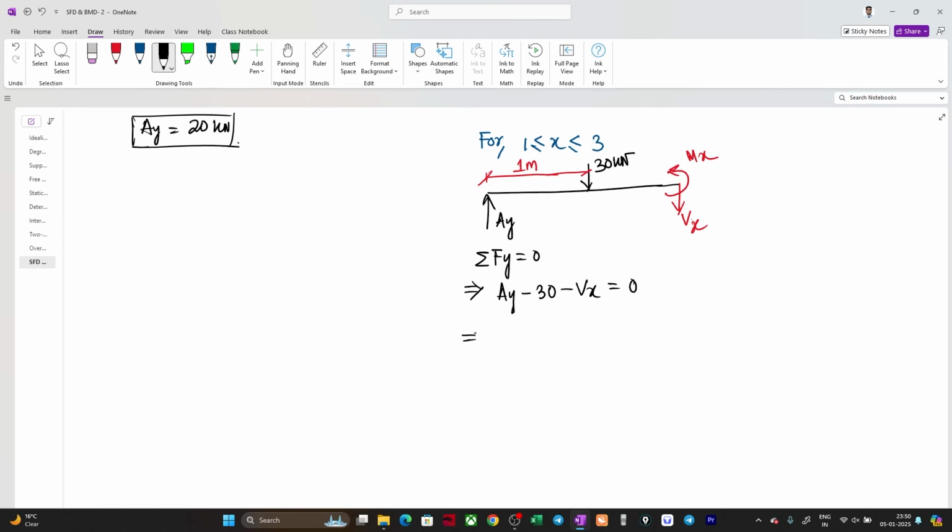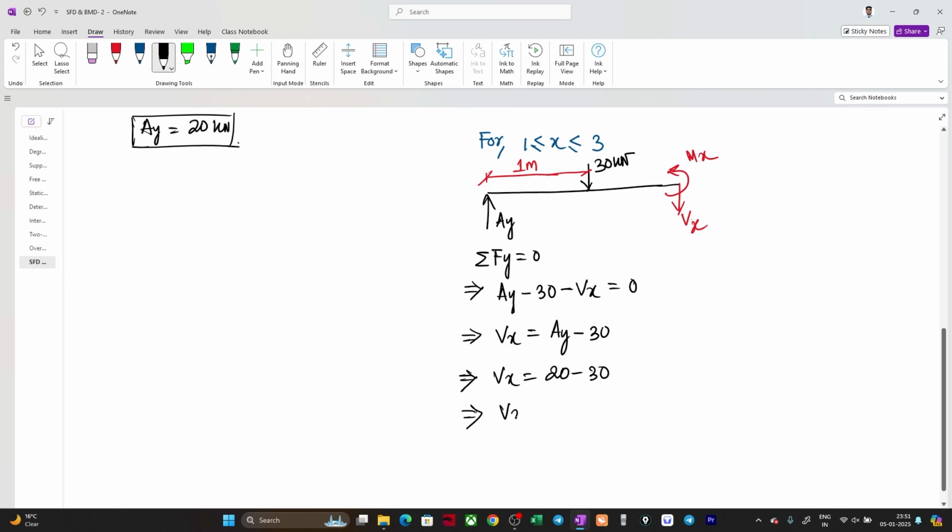So Vx equals Ay minus 30. Here we know Ay is 20 kilonewtons, so Vx equals 20 minus 30.